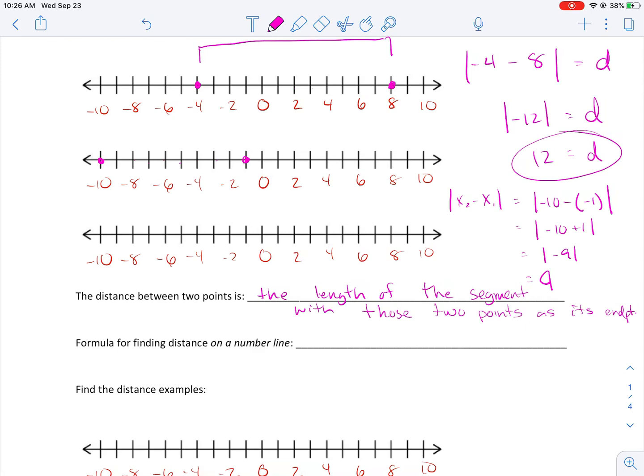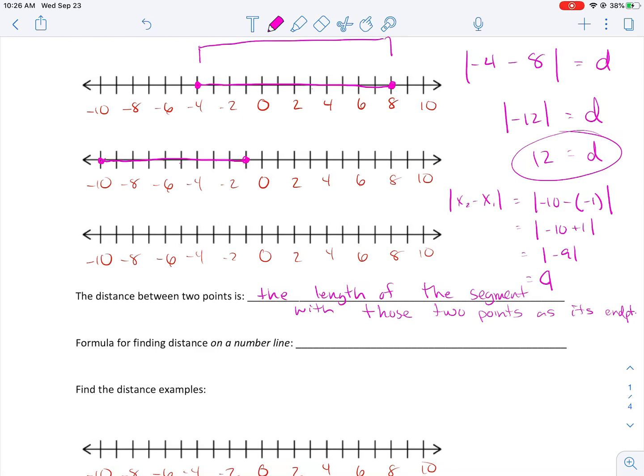So a line segment. This is a line segment right here, and this is a line segment right here. And we just found the length of both of those line segments.